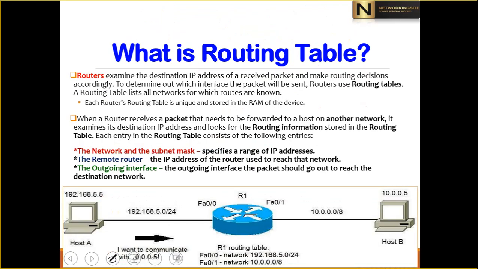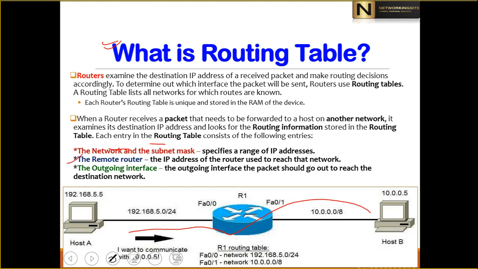Now what is a routing table? Remember last time I gave you the example of a routing table. A routing table is one kind of map of the router. According to the routing table, the router takes the decision of forwarding the packet from one network to another network, right? Inside the routing table, you will have the network information of connected networks as well as neighbor remote networks.